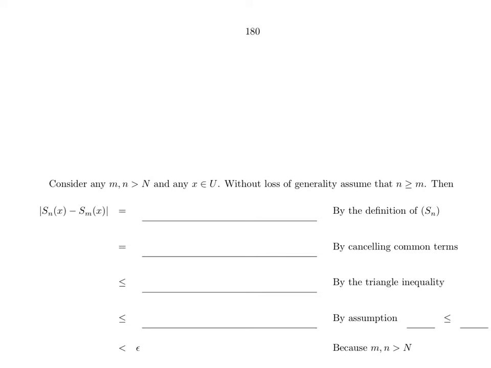One of them is the bigger of the two, may as well be n. Now, the absolute value of S_n(x) minus S_m(x) is the absolute value of the sum from k equals 1 up to n of f_k(x) minus the sum from k equals 1 to m of f_k(x), by the definition of S_n. This is S_n, that is S_m.